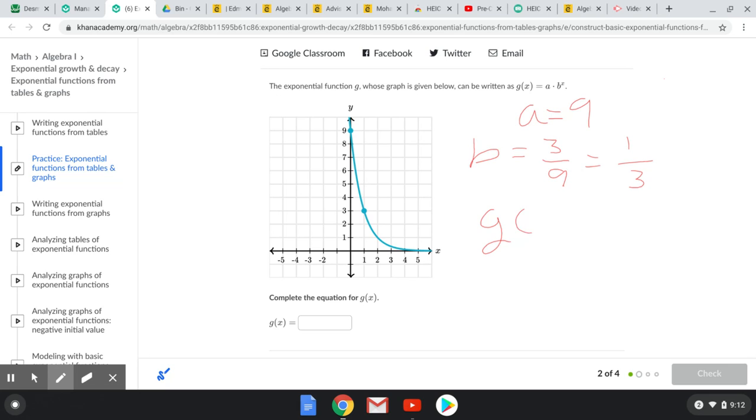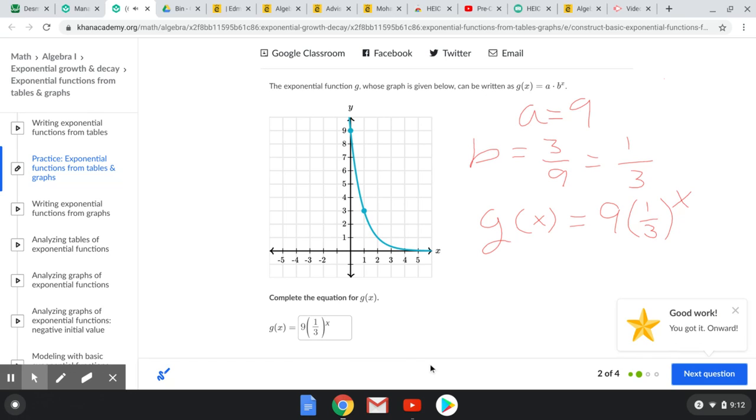So g of x equals 9 times 1/3 to the x. That is all that I need. So 9 times 1/3 to the x. Ta-da!